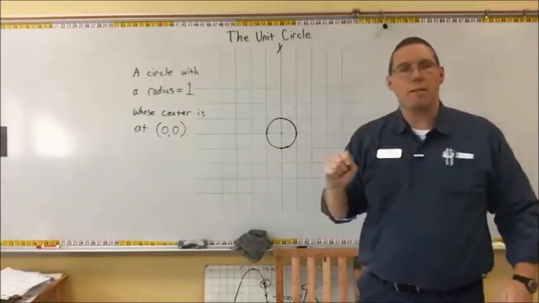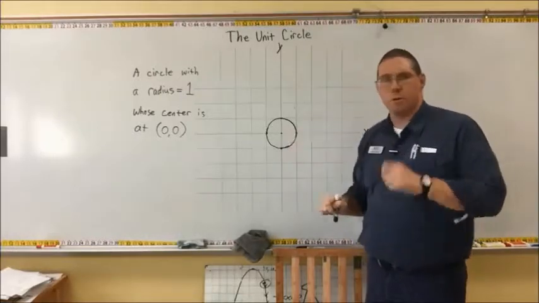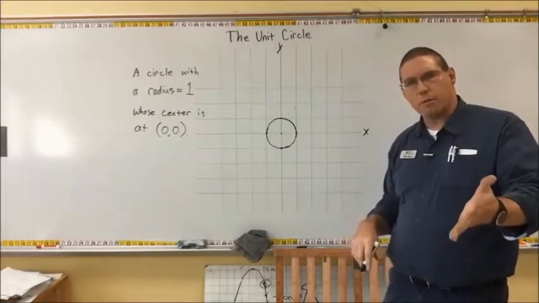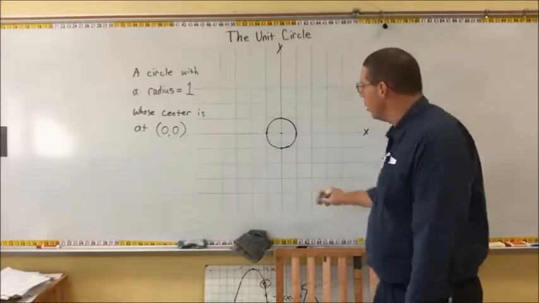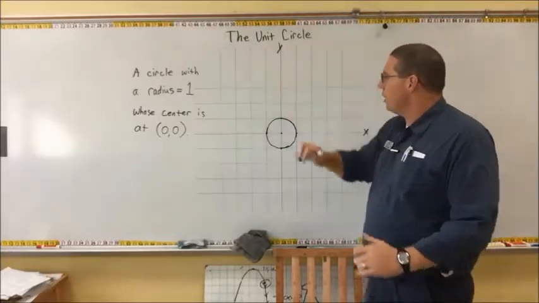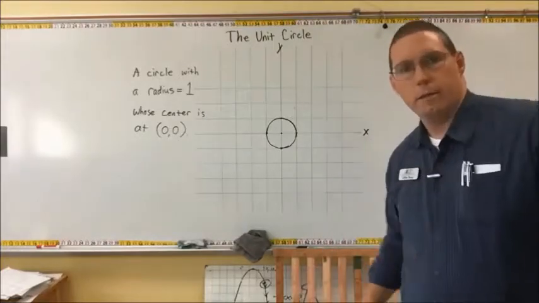Why? Because there will be all kinds of numbers and lines and angles drawn that are going to make use of this unit circle. But it's very important that you understand that when you're dealing with the unit circle, even when it's drawn very large, what's really happening is, here, let me show you.